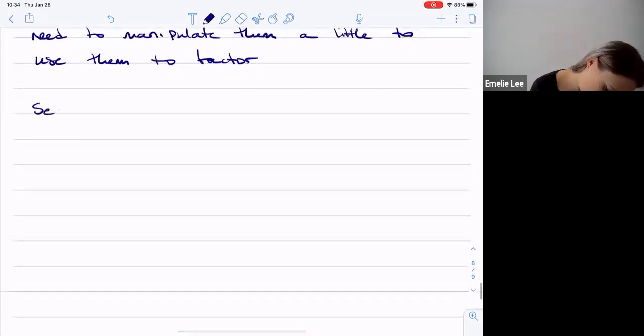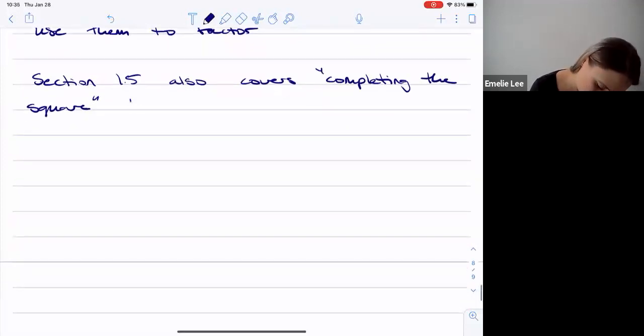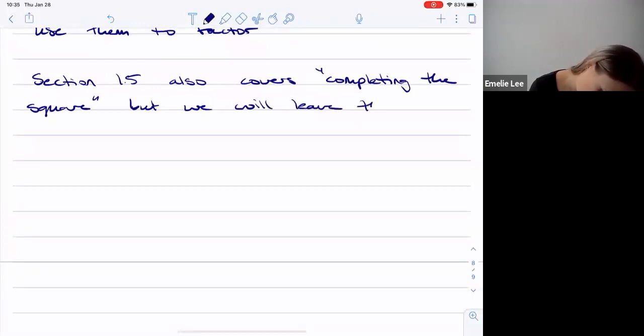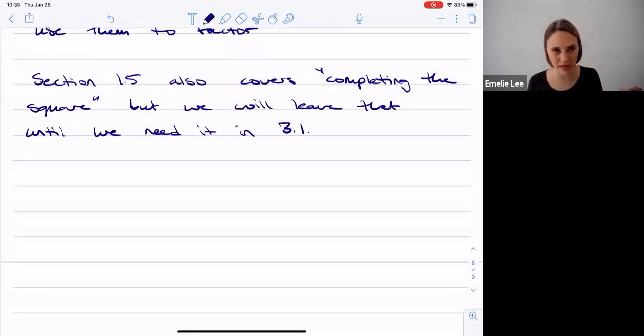Okay, so just as a note, section 1.5 also covers completing the square, but we will leave that until we need it in 3.1. All right, so I will refer back to this section, so maybe keep it handy, but not for a while yet.